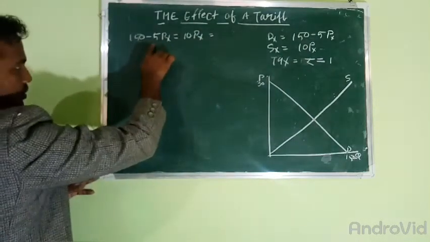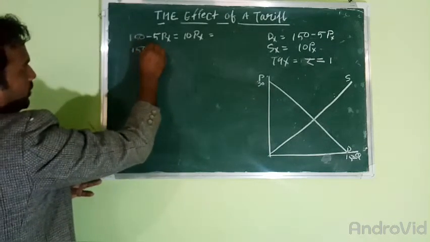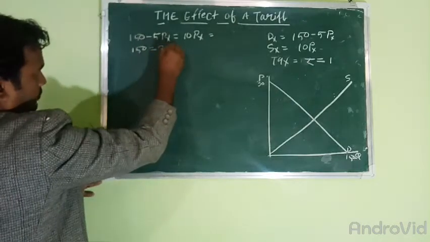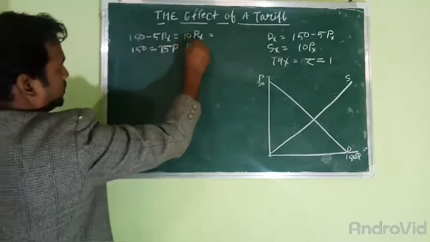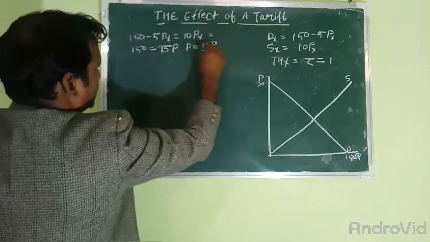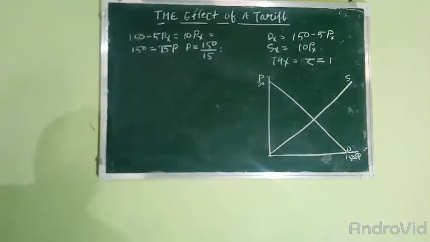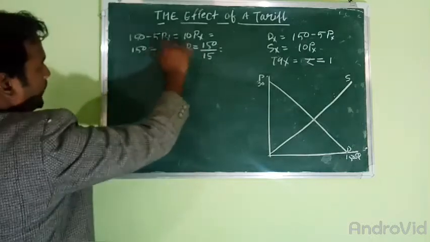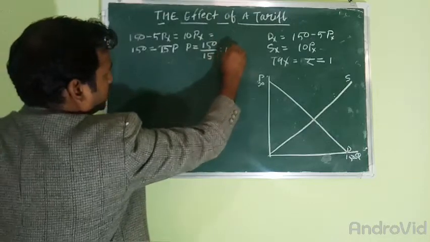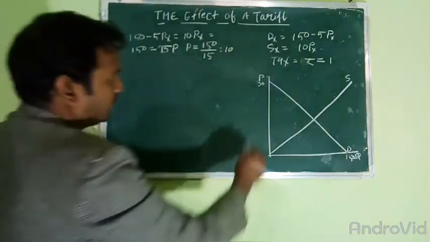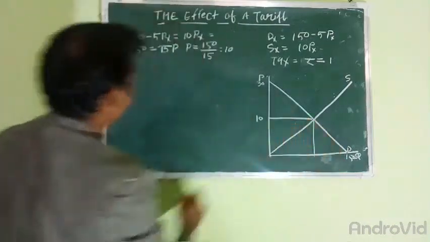So 150 is equal to 15p, then p is equal to 150 upon 15, which is equal to 10. So you have got the equilibrium price, which is 10.